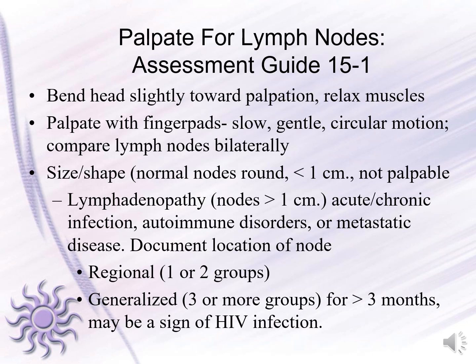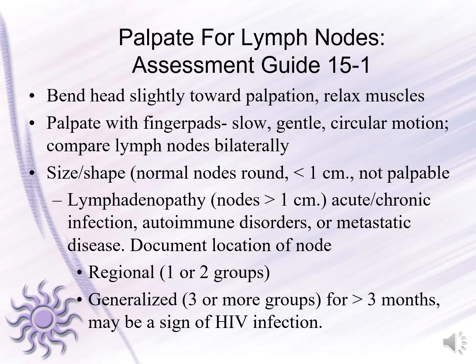When we palpate for lymph nodes, you are going to palpate with the finger pad, using a slow, gentle, circular motion. The lymph nodes should not be palpable or less than 1 centimeter. If they're greater than 1 centimeter or hard and fixed, we note those to be possible metastatic nodes.